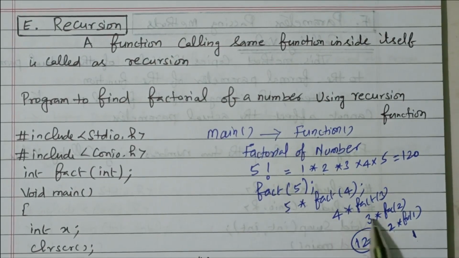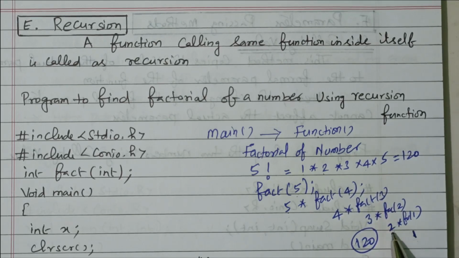So this is the concept of recursion. We are calling one function, fact 5. That function returns the number 5 into factorial of n minus 1. 5 minus 1, 4. This fact 4 will return the number 4 into fact of 4 minus 1, 3. This fact 3 will return 3 into fact of 2, 3 minus 1, 2.